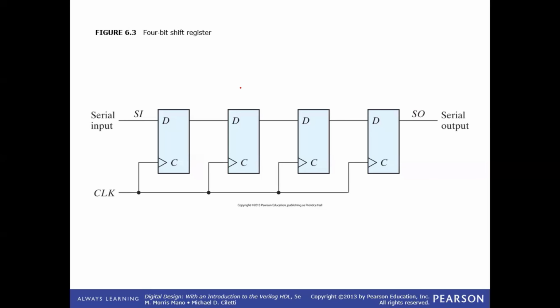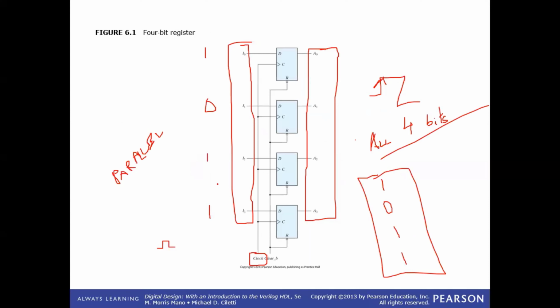But if you have a look at this circuit, we have data I0, I1, I2, I3, and I3 was here if the data was 1, 0, 1, 0. I'll just repeat this one with this circuit. So 1, 0, 1, 0 would be transferred to the output all at once. 1, 0, 1, 0 would appear over here in just a positive edge of the clock.